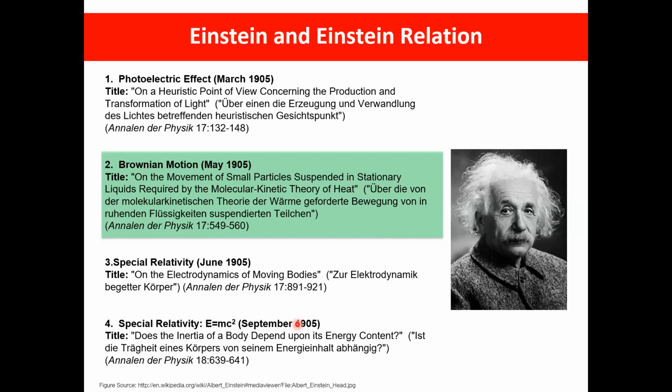So he got the Nobel Prize for the photoelectric effect. Did he get it for doing the experiment or for explaining the phenomenon? For explaining. And why was explaining the photoelectric effect important? Planck wasn't able to explain that.